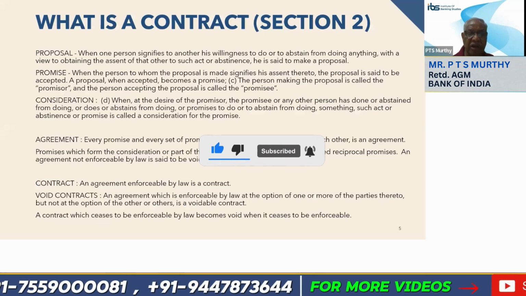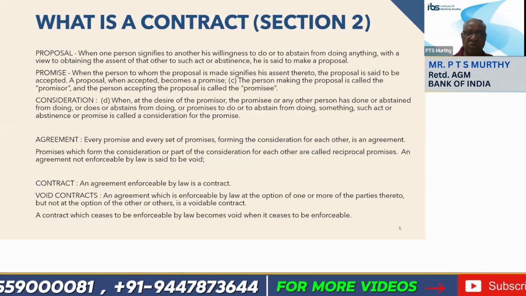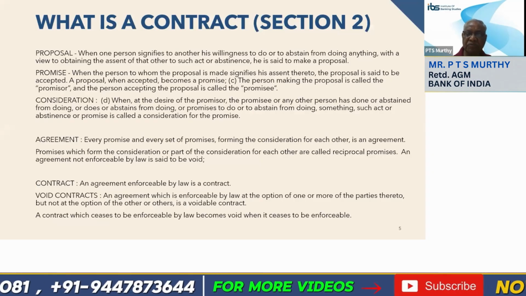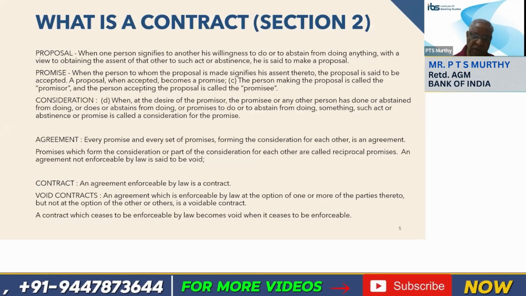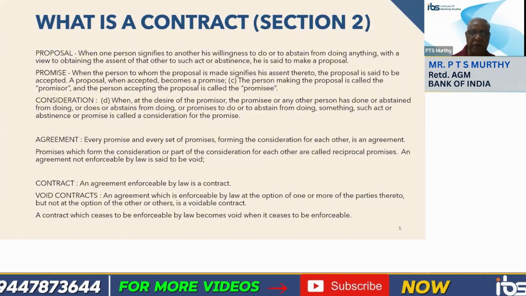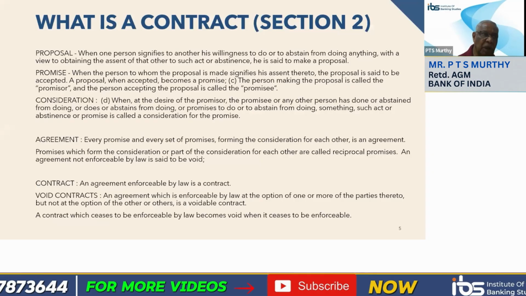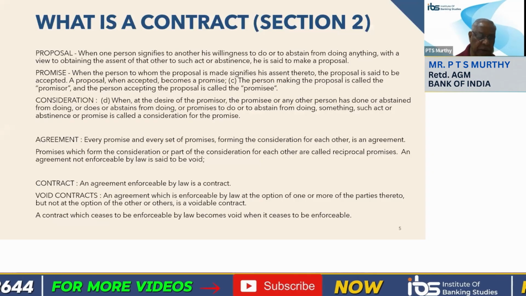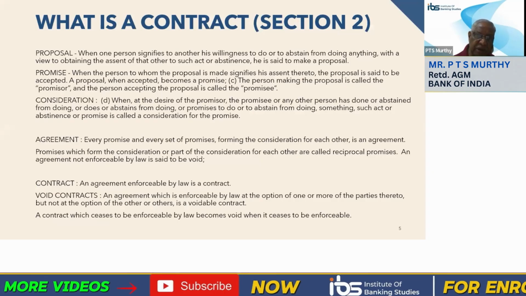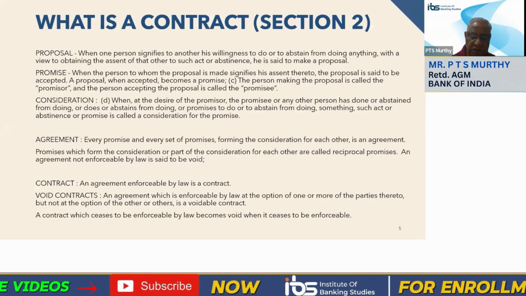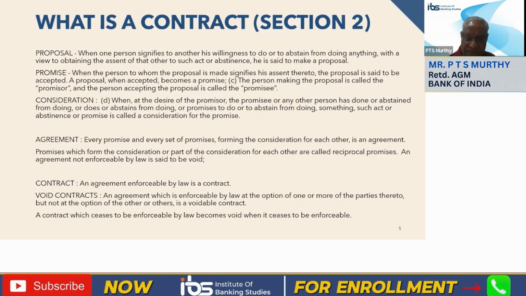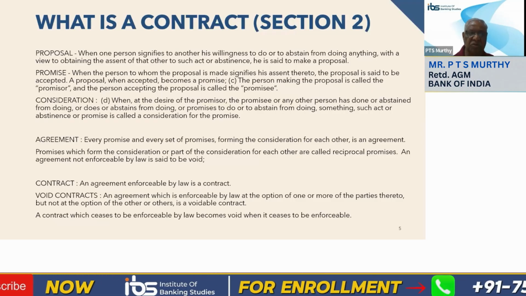Here it says a contract which ceases to be enforceable by law becomes void when it ceases to be enforceable. This is talking about the void contract. Till we come to know that the parties are not entitled to do that, if some transactions are done in ignorance of a hidden mistake, they are enforceable.